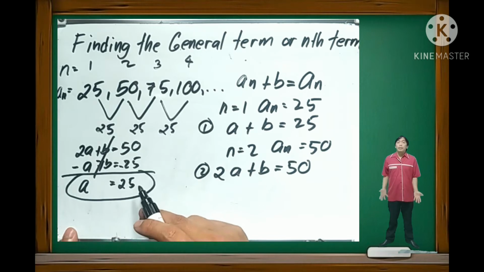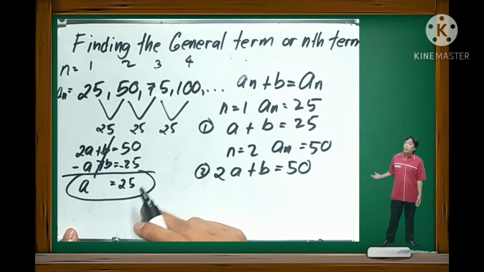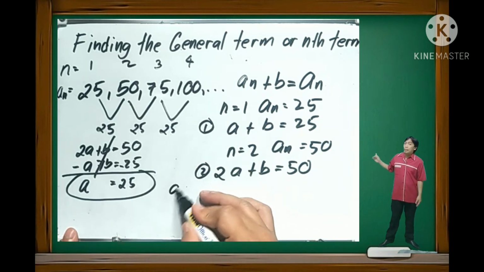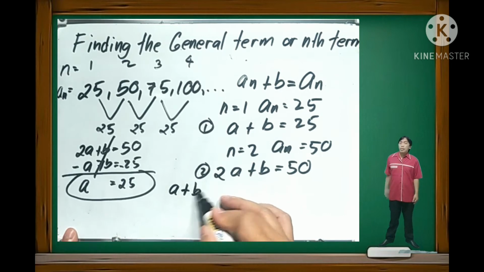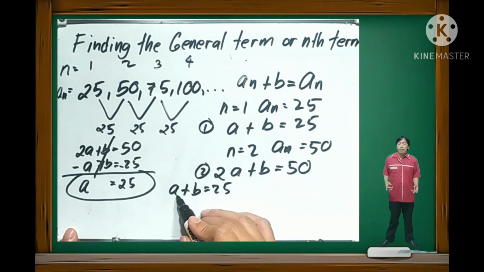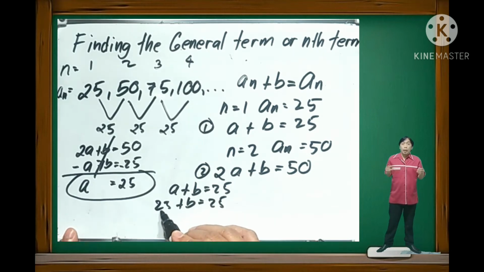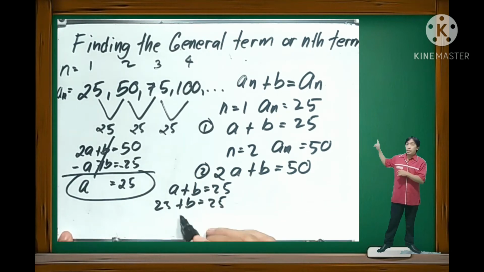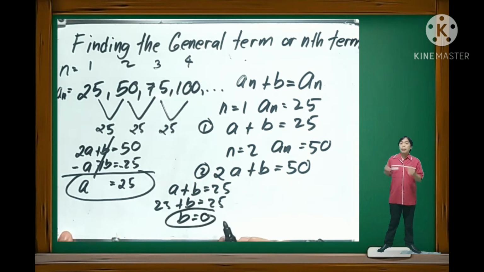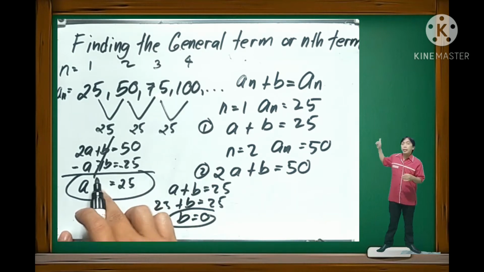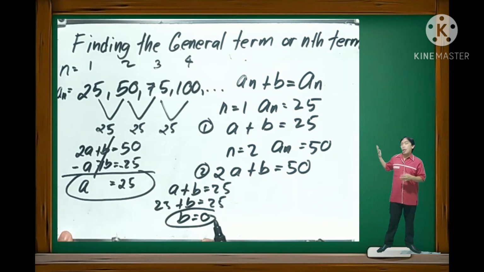Now, let us substitute the value of a into equation 1. We have a plus b is equal to 25. So the value of a, which is 25, plus b is equal to 25. Transposing 25 to the right, we have b is equal to 25 minus 25. So the value of b is equal to 0.